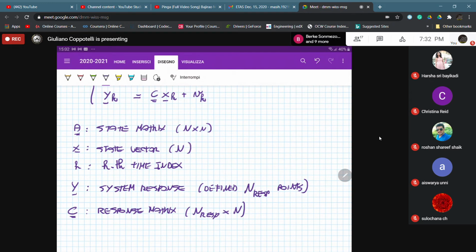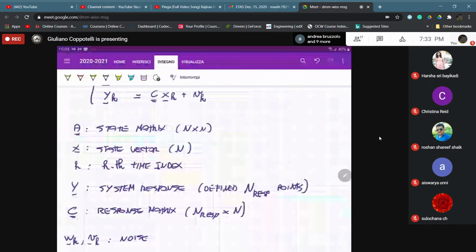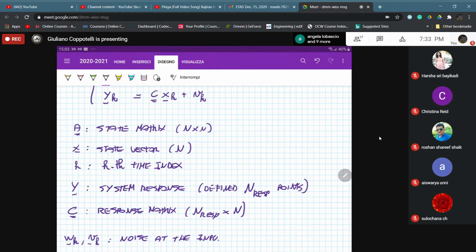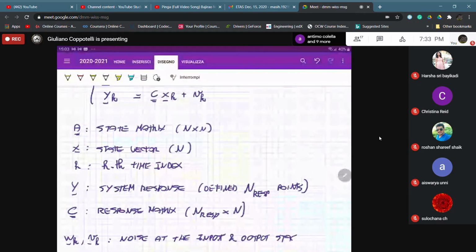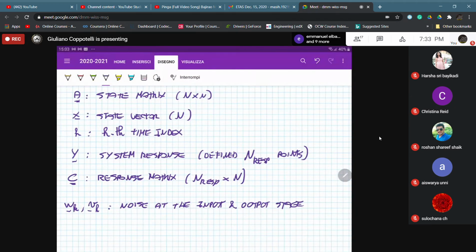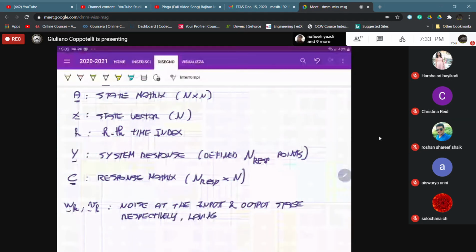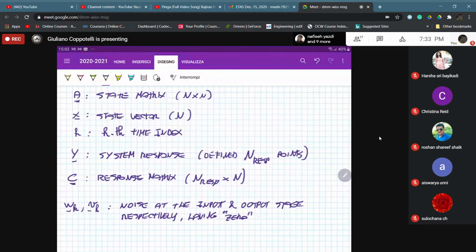And then your w_k and v_k vectors are the noise, the input and output stage, respectively, having zero mean value by assumption. Stochastic and whatever.